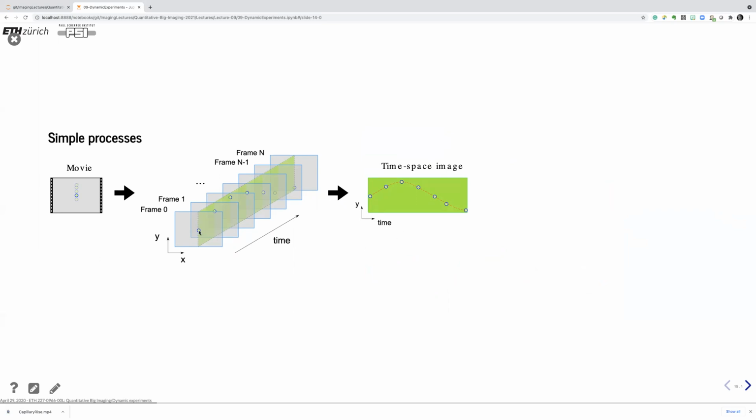In this case, I'm looking at something that's bouncing up and down. In the movie, you can just see that it's going up and down. But if you extract a frame just in the place where it's bouncing, you can get a nice image that follows the motion. Then you can analyze the motion through this image instead, which makes it much easier, and in some cases easier to visualize what's actually going on.